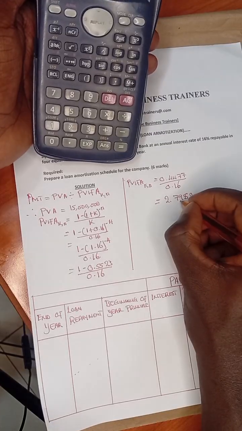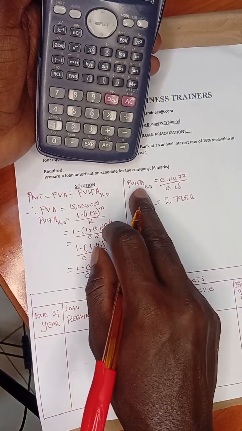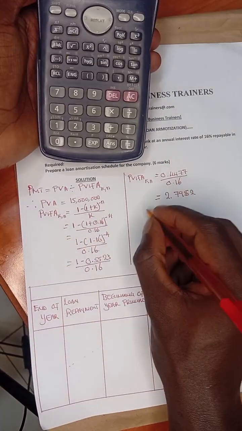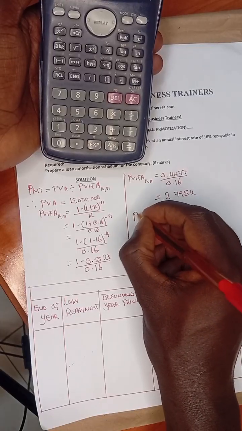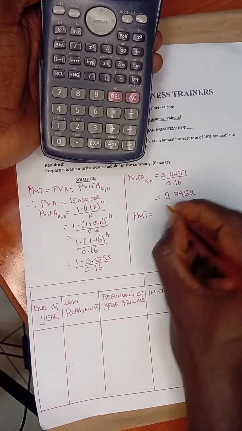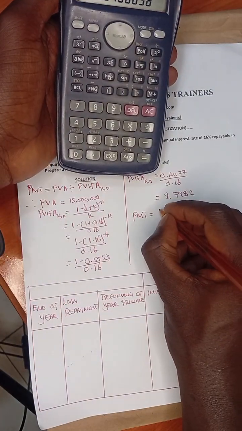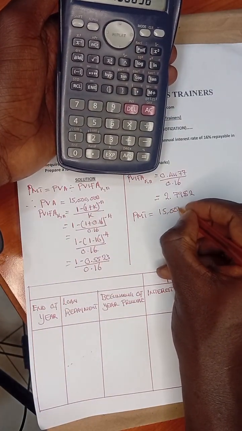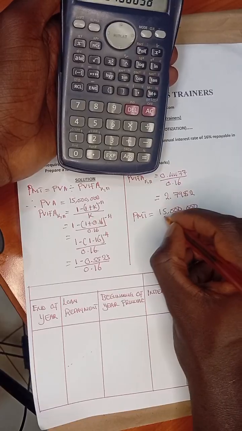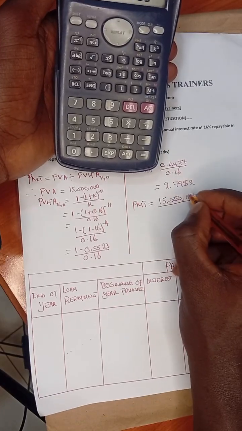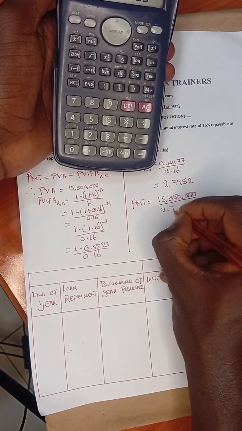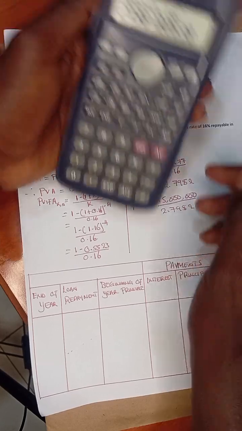2.7982. So this is the present value interest factor of an annuity, but our concern was to get the periodic payment, PMT. That is 15 million divided by the present value interest factor of an annuity, 2.7982.